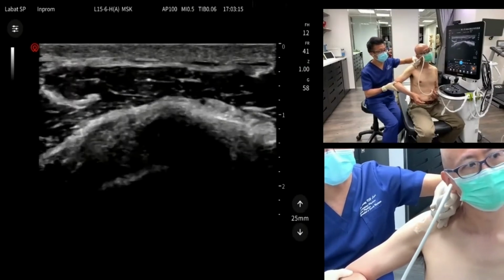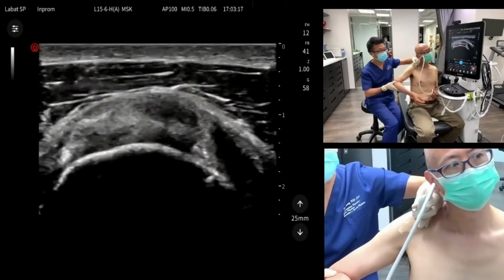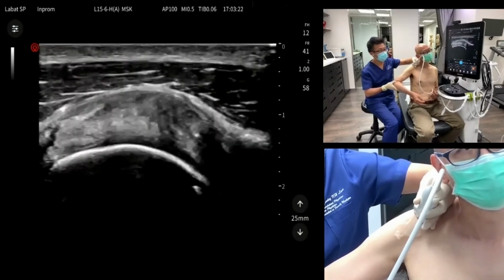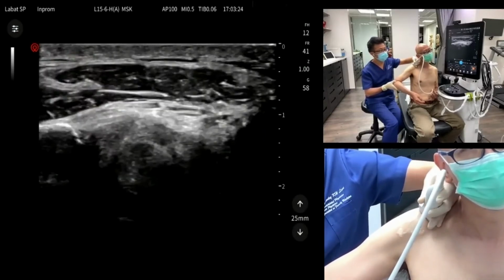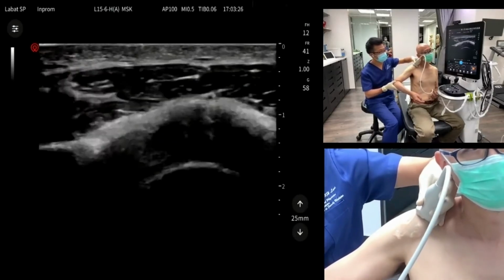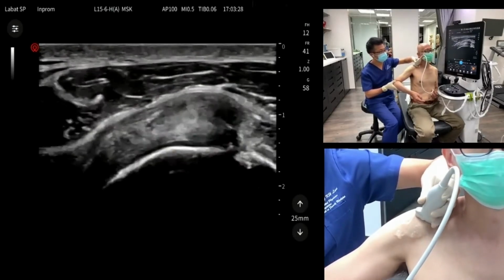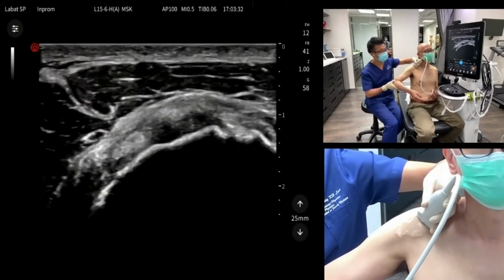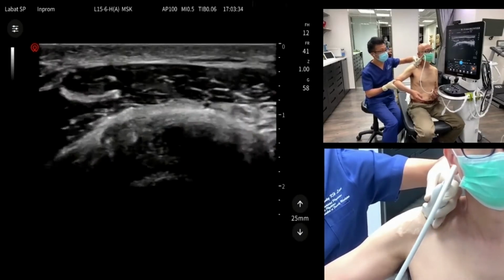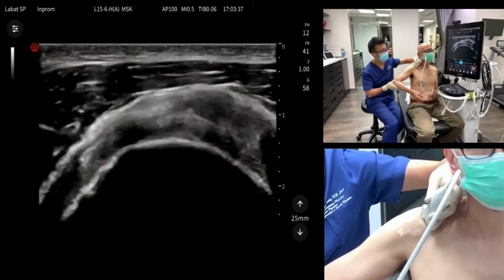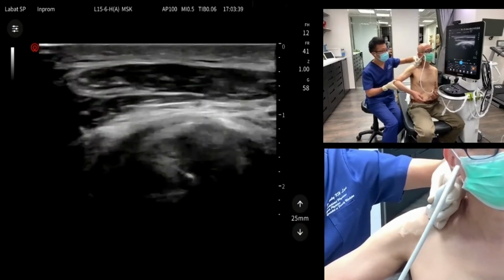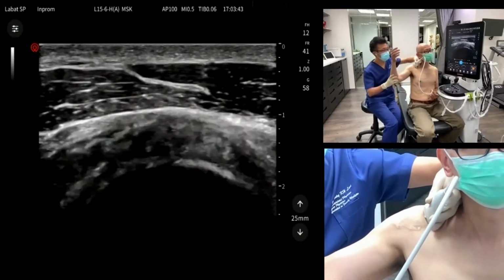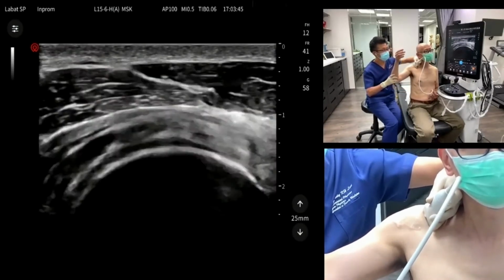Then I take a look at that, and I'm scanning to this humerus. Then you see all the cortical break, and at the same time, if I turn the probe a little bit more, we see the cortical irregularities. And I like to see whether that is having a click.